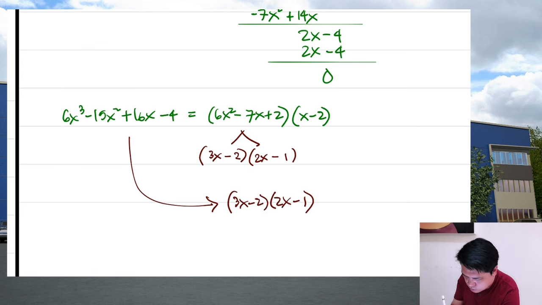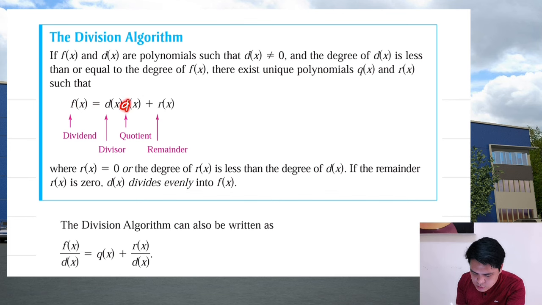The division algorithm is this. If f of x and d of x are polynomials such that d of x is not equal to 0, and the degree of d of x is less than or equal to the degree of f of x, there exist unique polynomials q of x and r of x such that f of x is equal to d of x times q of x plus r of x, wherein f of x is the dividend, d of x is the divisor, q of x is the quotient, and r of x is the remainder.